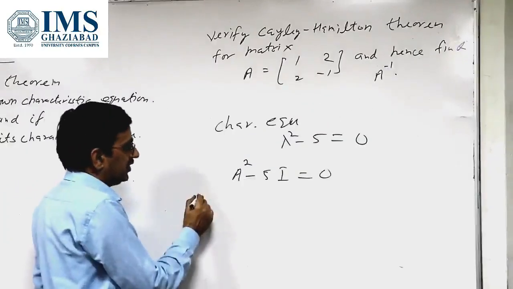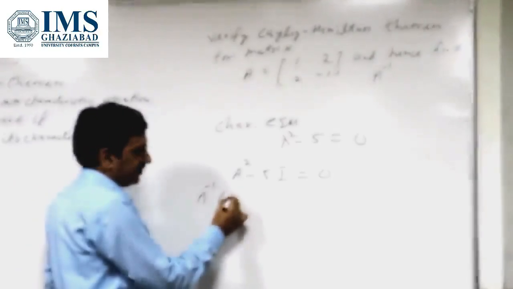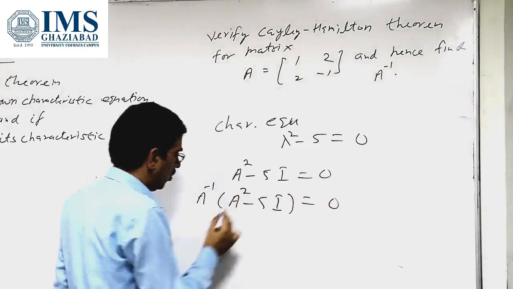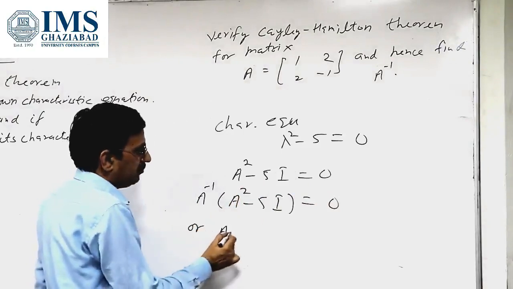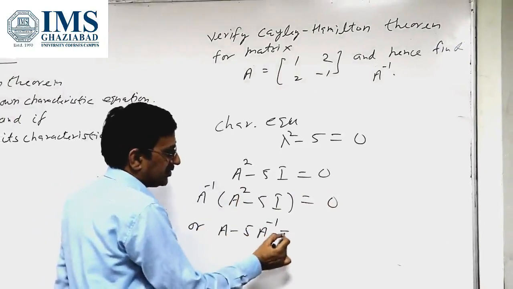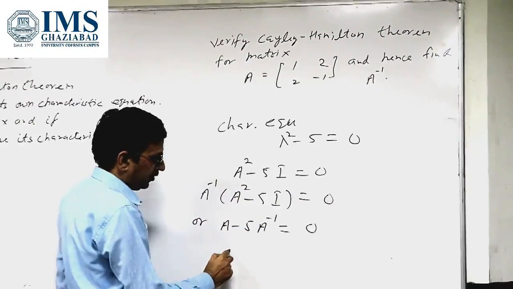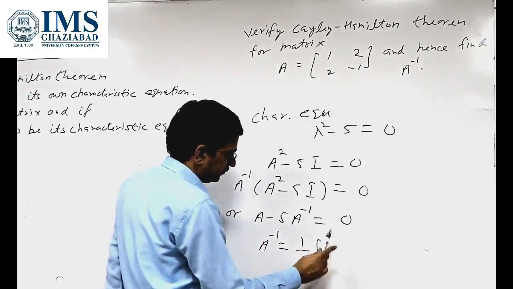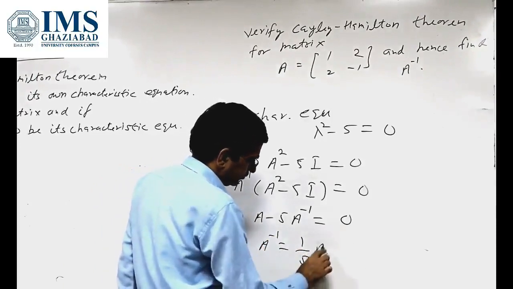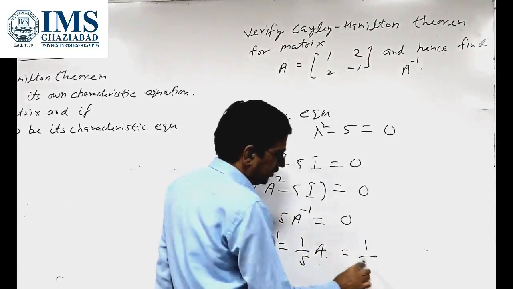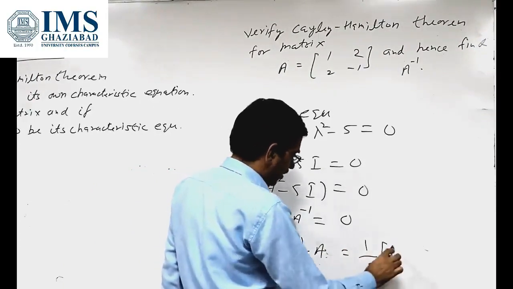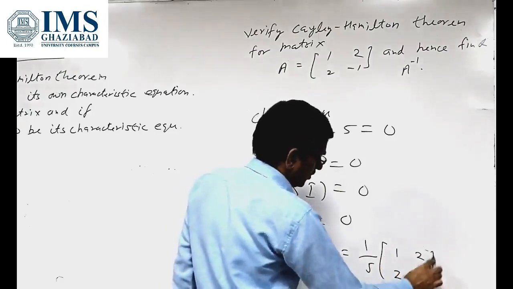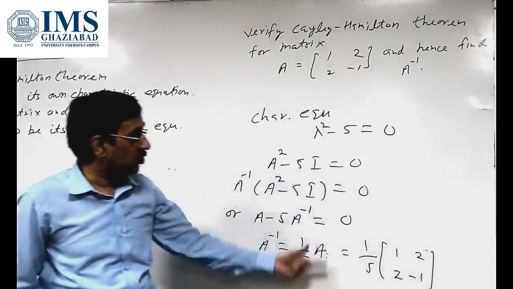So, multiply this equation by A inverse, means A inverse times A square minus 5I equals 0, or A minus 5A inverse is equal to 0, or A inverse is equal to 1 upon 5 A, means the inverse of the matrix A equals 1 by 5 times [1, 2; 2, minus 1]. So this is the inverse of the given matrix.